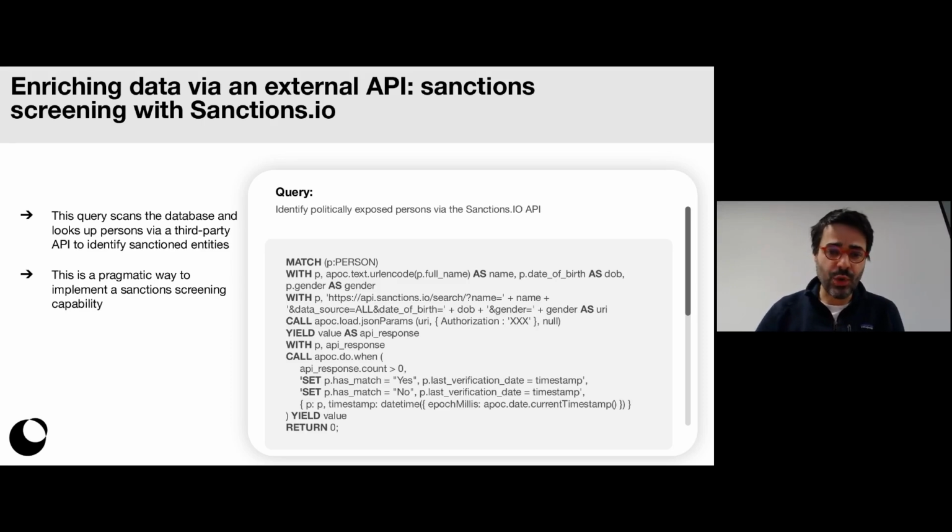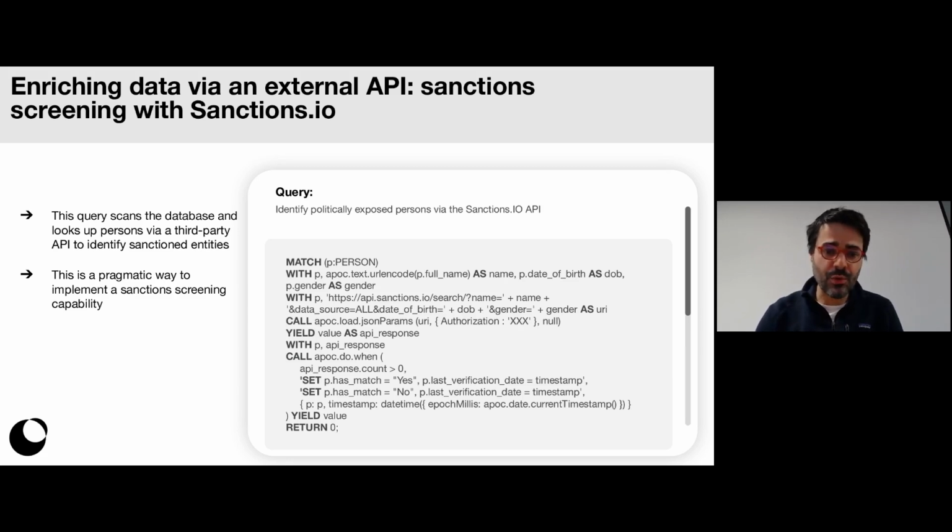So you can see the query on the right. What we are doing there is that we have a query that scans a database, looks for clients, for persons, and then looks at these persons via the sanctions.io API to identify if they are sanctioned entities.